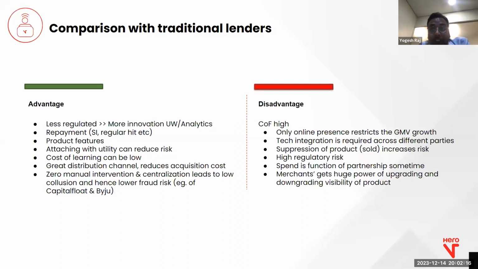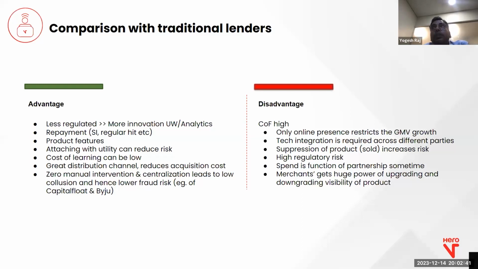The major disadvantage is cost of fund. Obviously, many of the new or smaller fintechs or new financial institutions don't have access to CASA, which I have just explained. So they borrow from some other financial institution where they get that money at 10%, 12% interest rate.